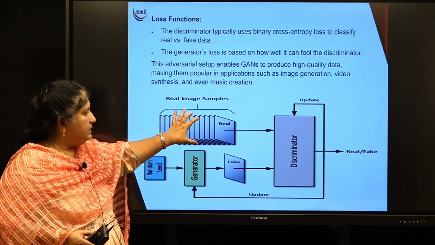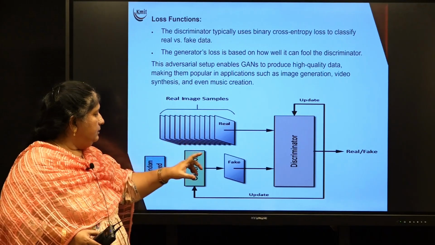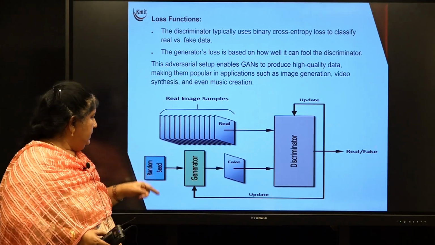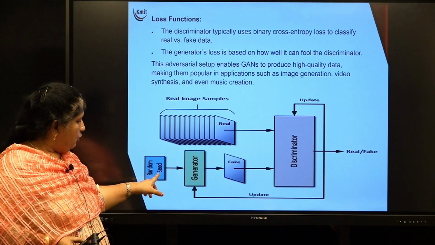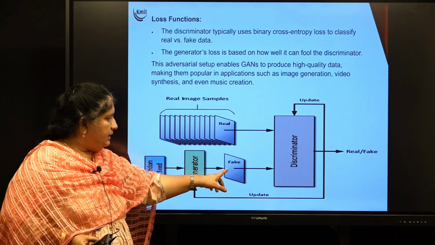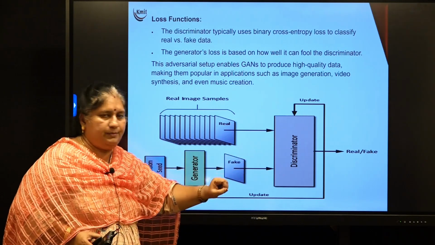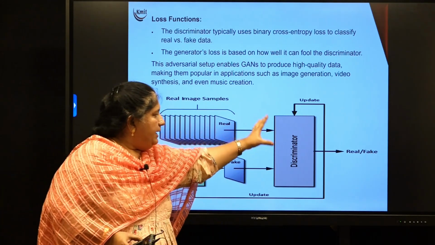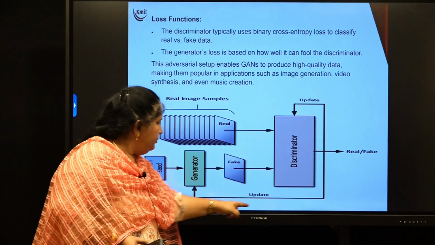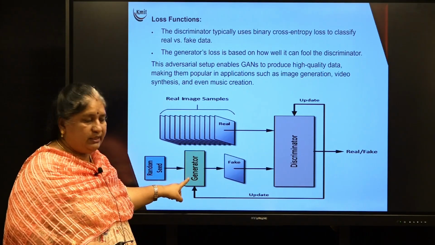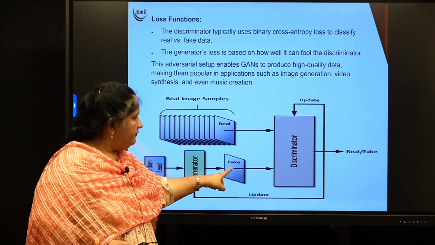You have taken some real data and given it to the discriminator. Similarly, a random noise vector is taken by the generator, it generates some fake data, and that is also given to the discriminator. The discriminator will try to identify it and gives its feedback to the generator. The generator adjusts its weights and again generates fake data.